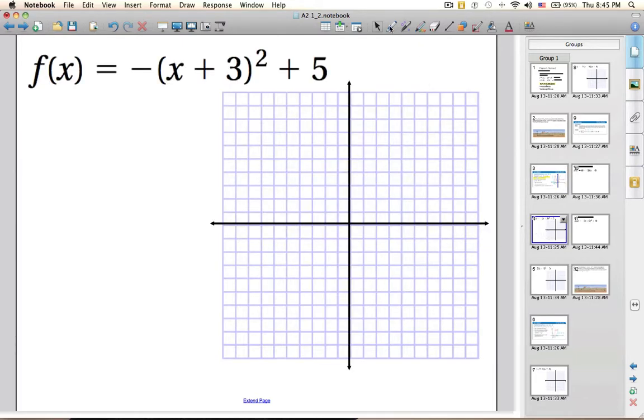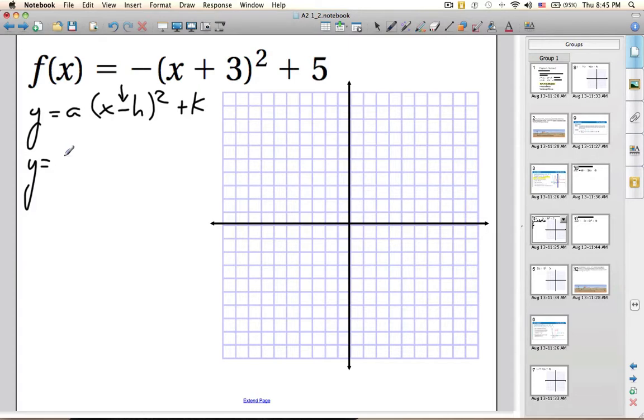So the first thing I want to do is compare this equation to my form, a times the quantity x minus h squared plus k. Now if I want to write it in this form, you'll notice I have to have a minus in my binomial that's being squared, and right now I have a plus. So how can I make that happen?